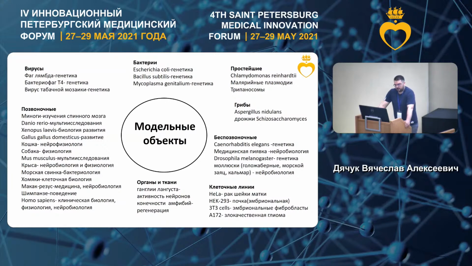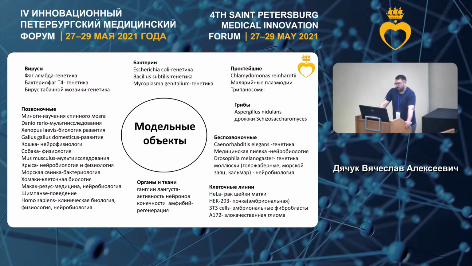Gallus gallus domesticus, also a model object, that is a hen. Cats and dogs are classical objects for neurophysiology and physiology, mice and rats are objects for multiple studies of neurobiological and physiological trends. Hamsters, chimpanzees in medicine and microbiology, and Homo sapiens. These are the objects for clinical biology, physiology, neurobiology.